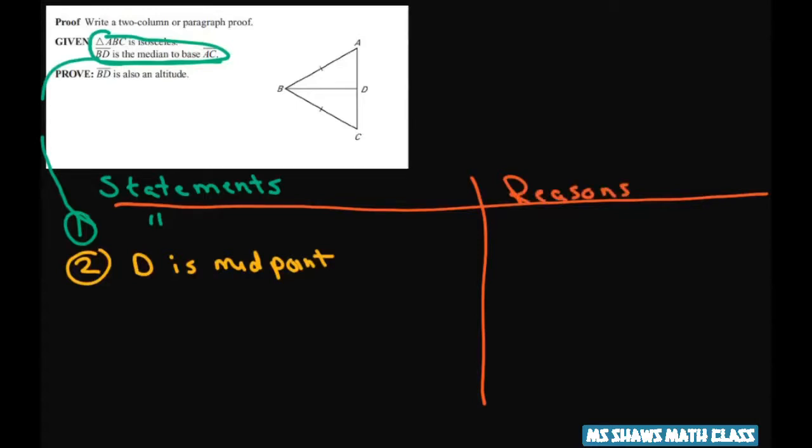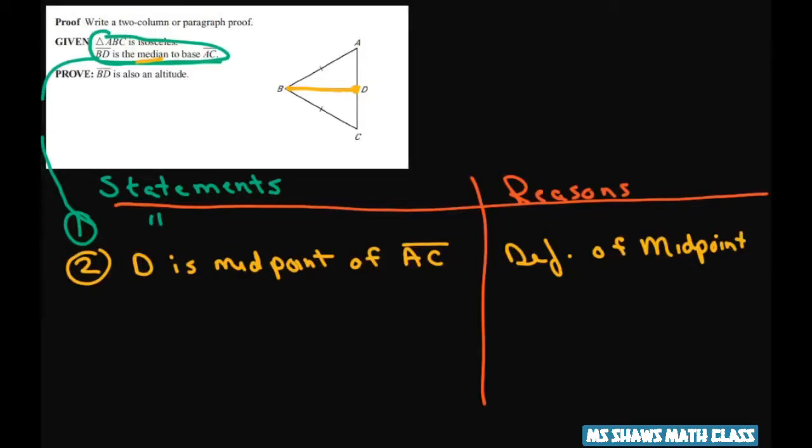D is midpoint of AC. And the reason for that is definition of midpoint. And that's also because it's the median. Definition of the median means D is going to be the midpoint.